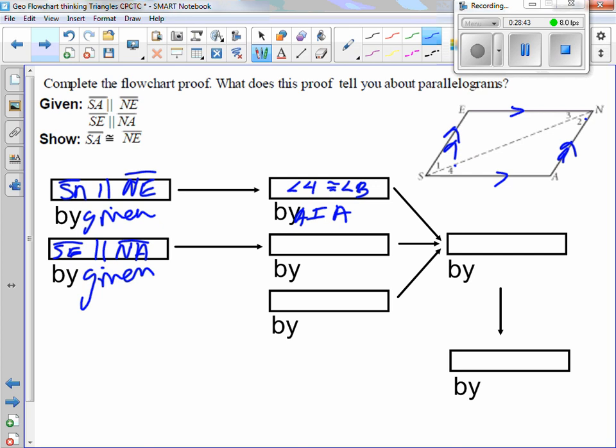That's why we needed the other one to say that angle 1 is congruent to angle 2 by, again, alternate interior angles. Because the other set of alternate interior angles with SN and NE include a little bit of the angle outside that figure. That's why I can't use it for 1 and 3, or 1 and 2.